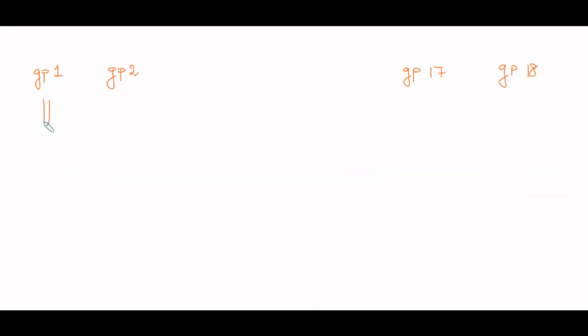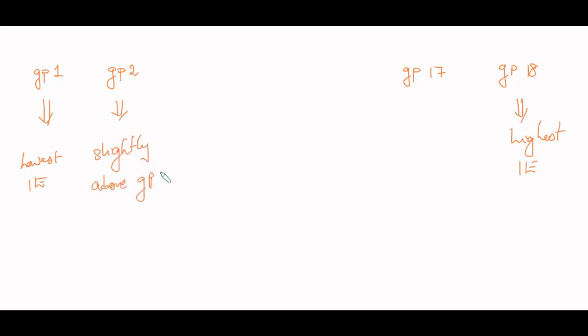Group 1 has the lowest ionization enthalpy, and group 18 has the highest ionization enthalpy. Obviously, what about group 2? This is going to be slightly above group 1.